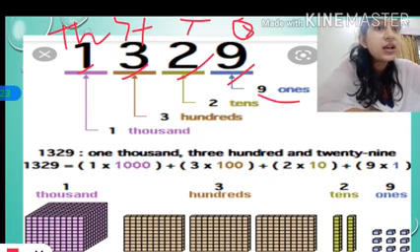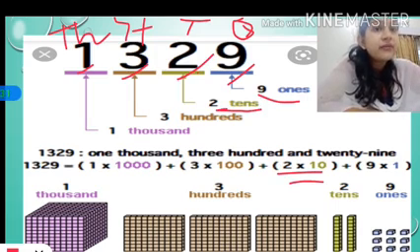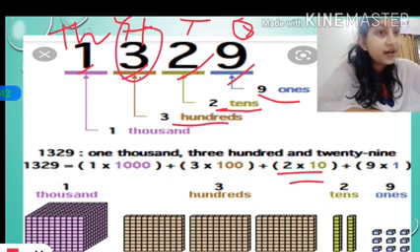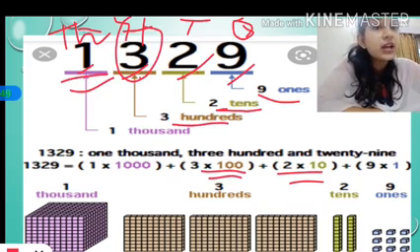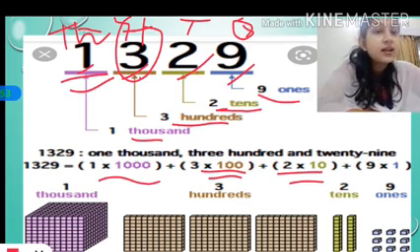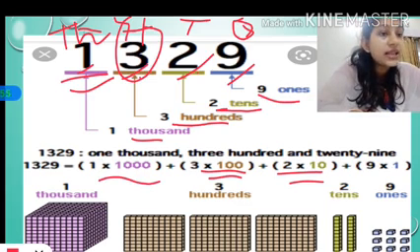Now the number is sitting in the place of tens, it becomes 2 tens. 2 tens means 2 into 10. When the number is sitting in the place of 100, it is 300, 3 into 100. When the number is sitting in the place of 1000, it becomes 1000, so 1 into 1000.